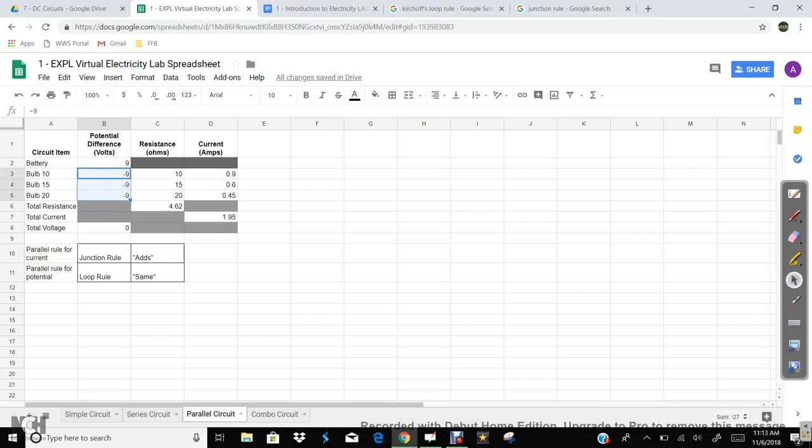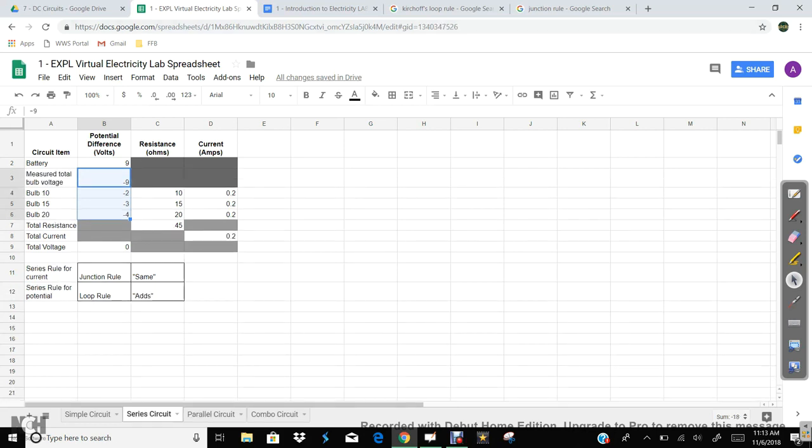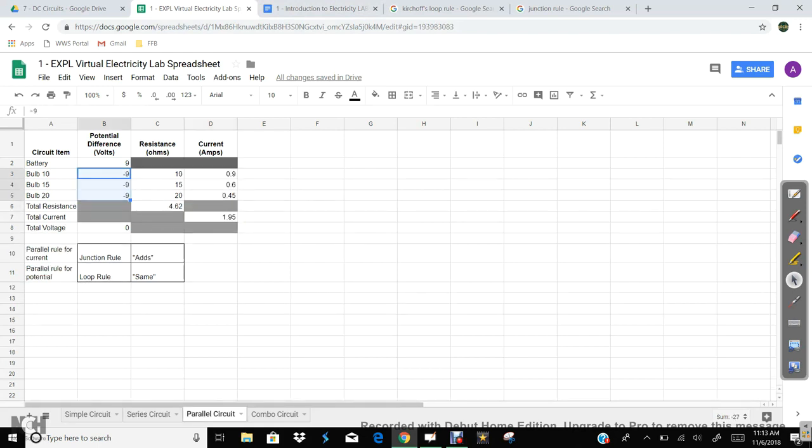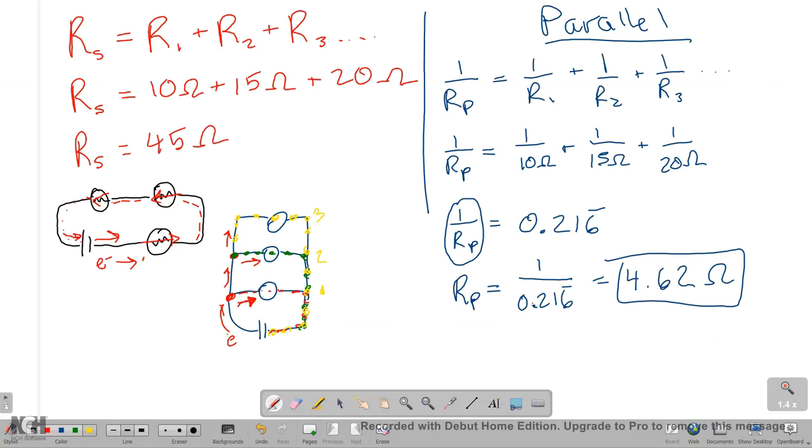It's very similar to, like it mentioned before, the current, right? The rule over here for current, it's the same everywhere in the circuit, and it's the same deal for parallel, but with voltage. The voltage drop is going to be the same in each branch. Now, the way that you need to think about this is that each one of these branches in this parallel circuit here, branch 1, 2, and 3, has a light bulb.